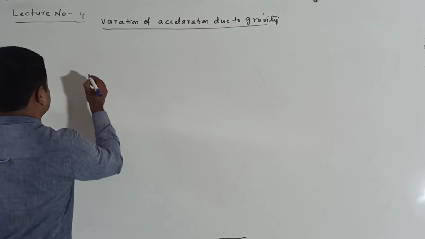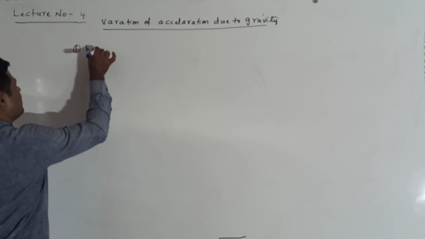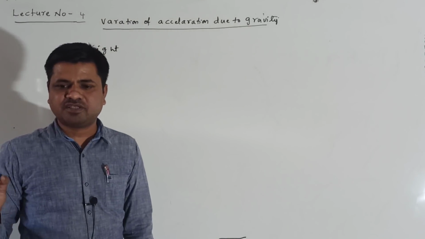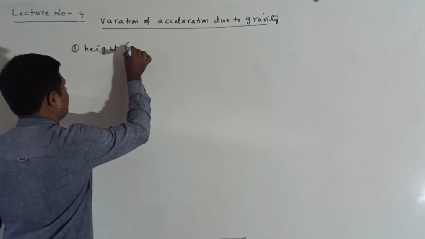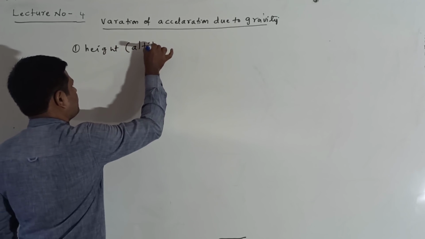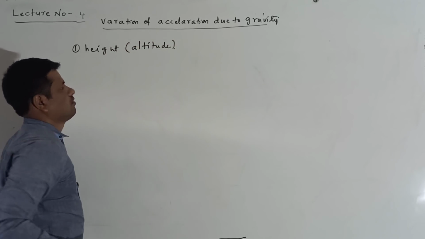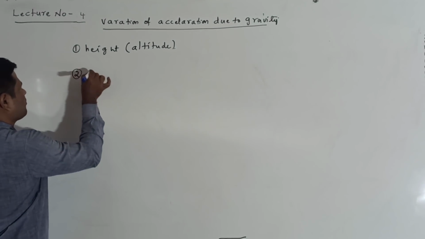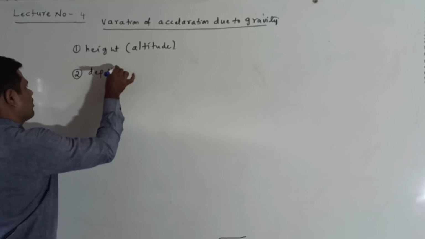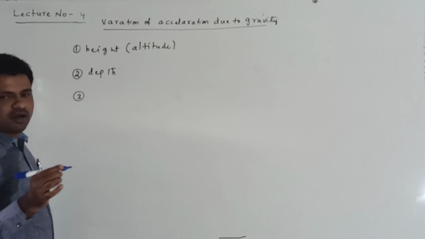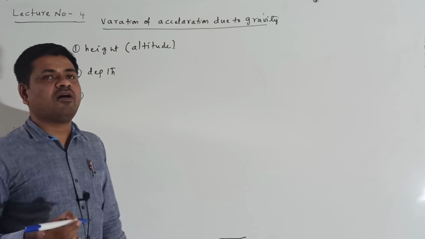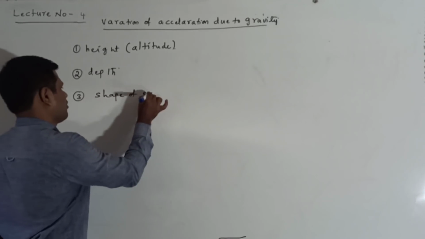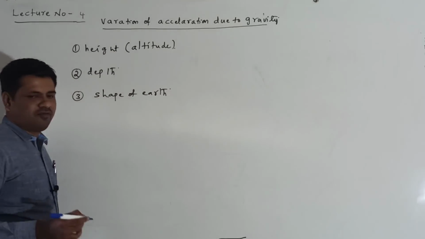What are the factors? First one is height. Due to height, acceleration due to gravity can change. Another name for height is altitude. Second one is depth. Third one is the shape of the earth.